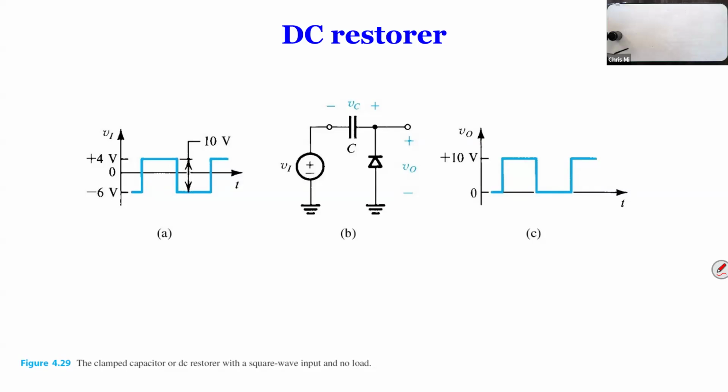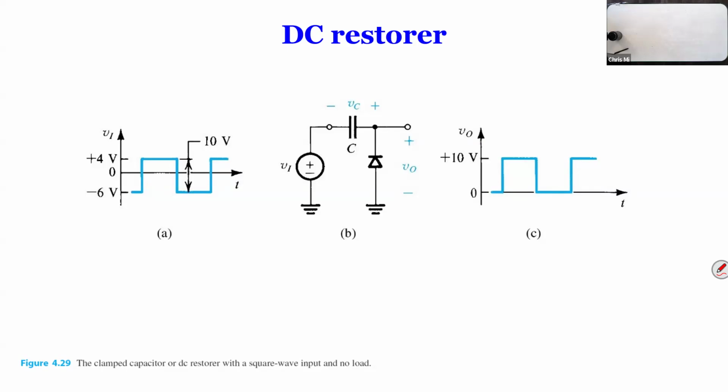In this case, we simply use a very simple circuit. We connect a capacitor and a diode, and we're able to move the AC into everything positive. That's why it's called a DC restorer. We remove the AC and restore the DC.